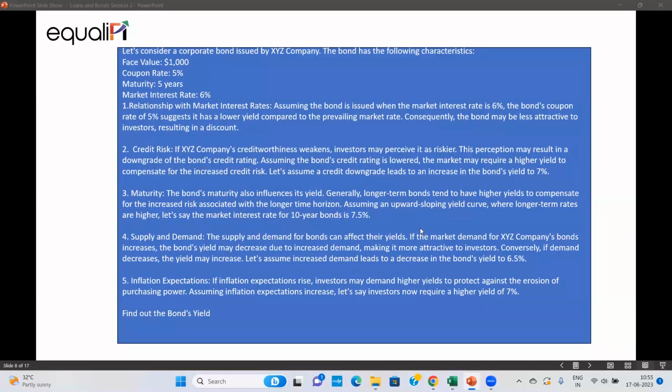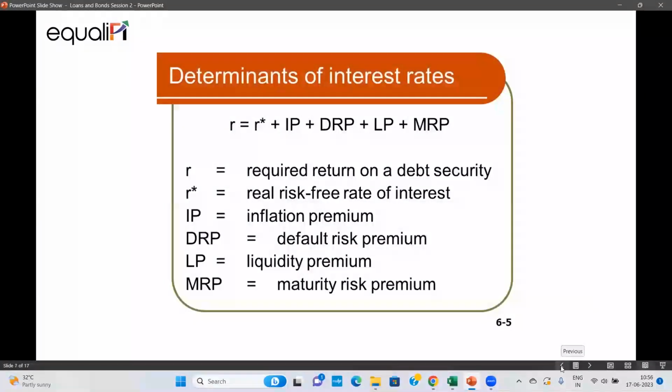Okay. Now, given all these figures, what is the bond's yield you need to find out? Please find out. What would be the bond's yield? It is a very simple calculation. You can go to the snipping tool, go to the previous slide and take a snip of this.